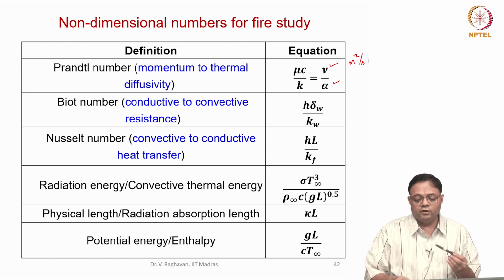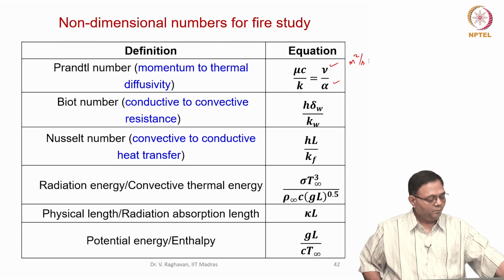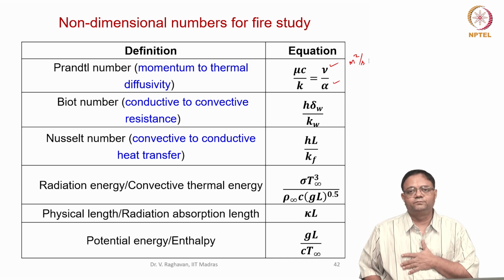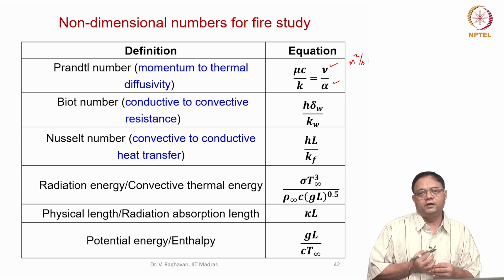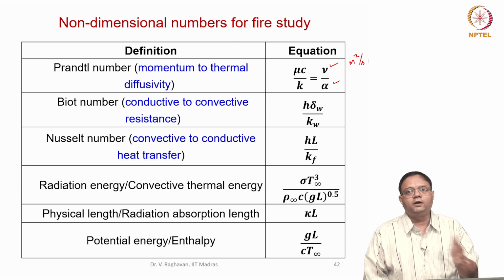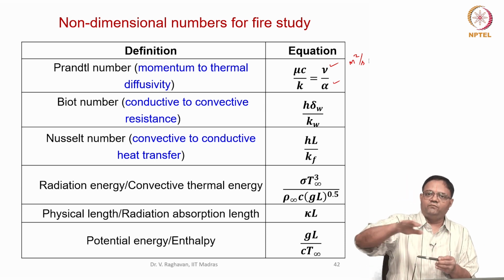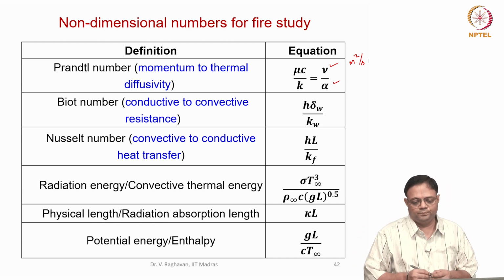See, for example, if the Prandtl number is close to 1, then the hydrodynamic boundary layer and thermal boundary layer will be of the same distance. Okay, so when the Prandtl number value changes, then you will have differences in the thermal and hydrodynamic boundary layers. So normally you will have the flame which is formed below the hydrodynamic boundary layer.